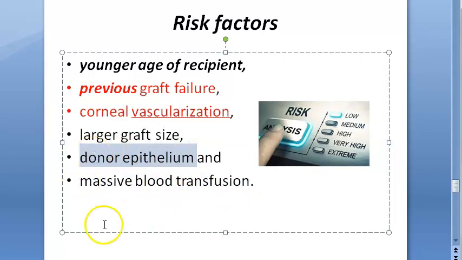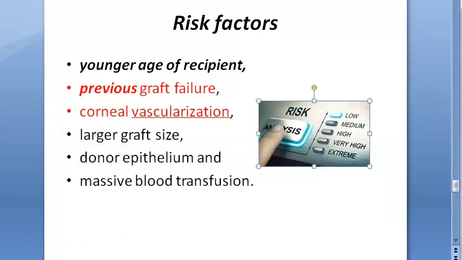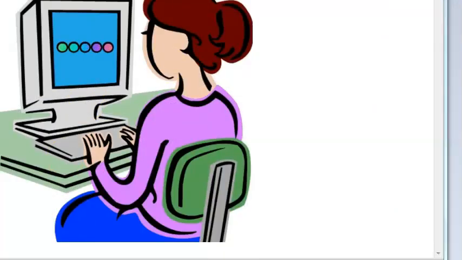Massive blood transfusion, okay, we can understand. So just remember the risk is quite low. What are the risk factors? Younger age, previous graft failure, corneal vascularization, large size, donor epithelium and massive blood transfusion.